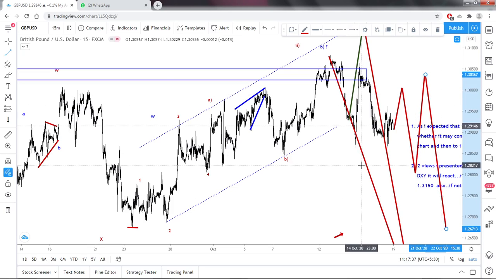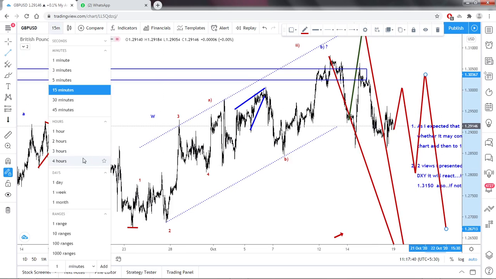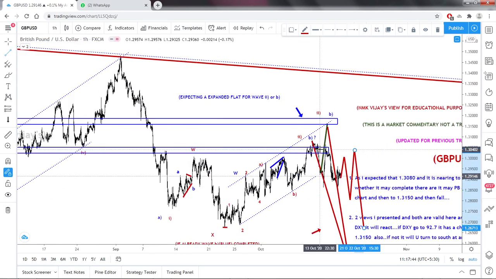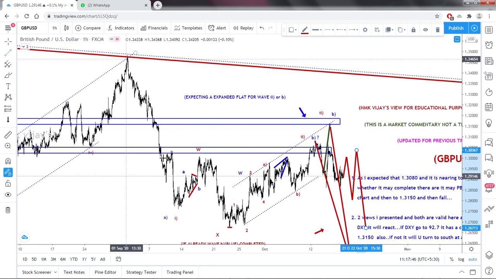Or in either case, if we take this, one second, this is an A, B, C that is over. So if it is a new impulsive, this is one more A, B, C completed. So again one more A, B, C, and it can go higher, and then again it may fall also.